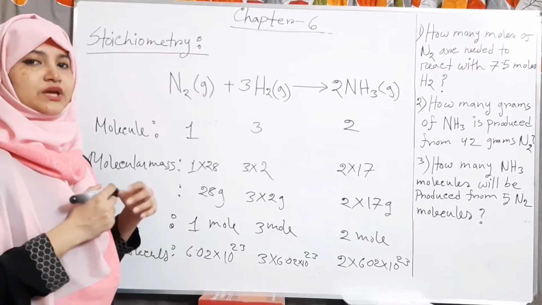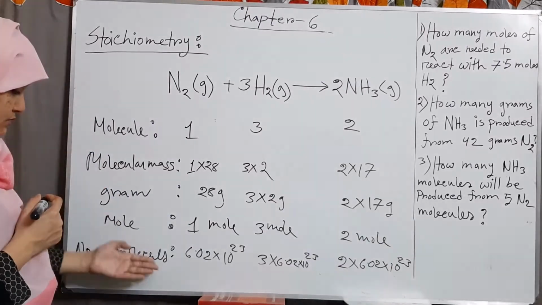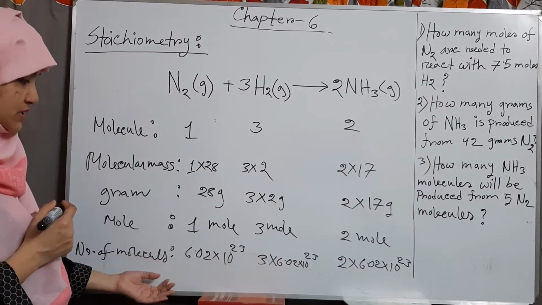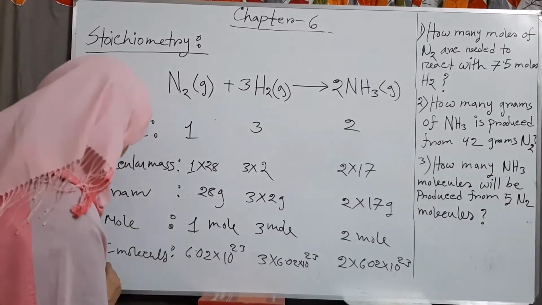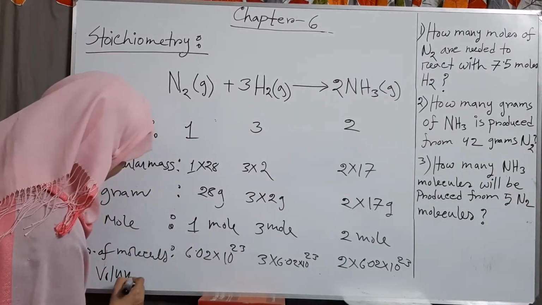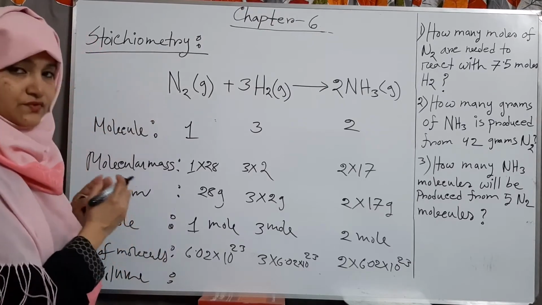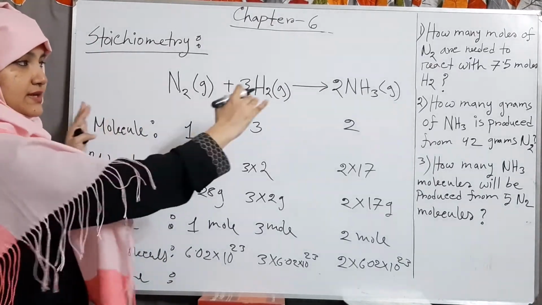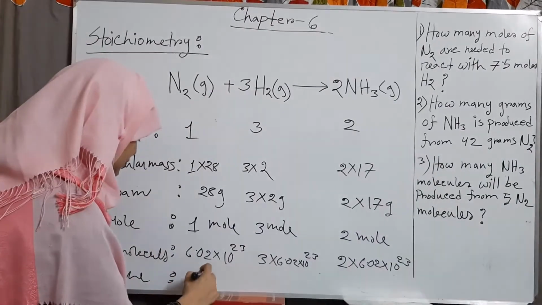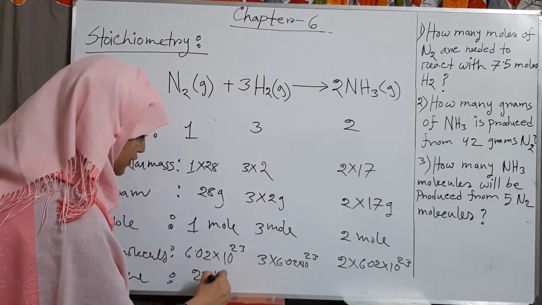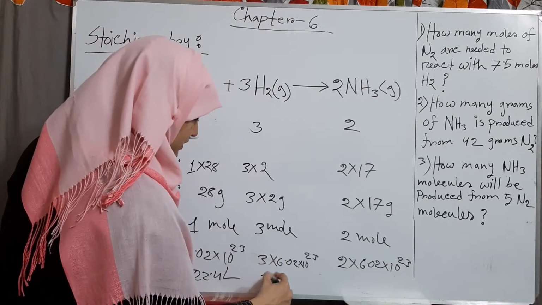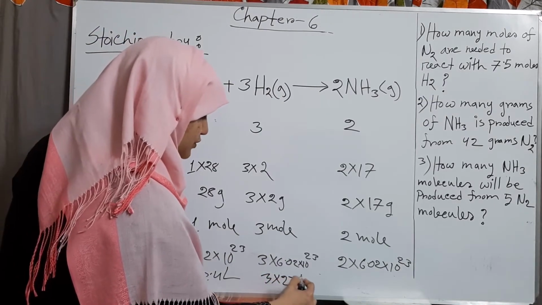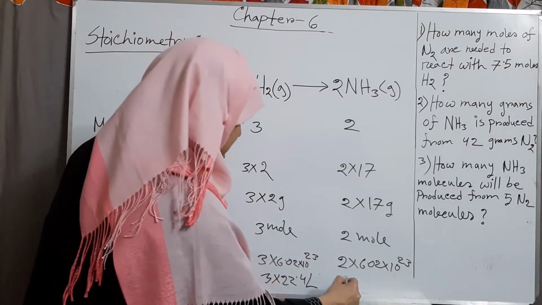This volume is only applicable for gaseous equations. So this is 22.4 liter, and for this 3 into 22.4 liter.